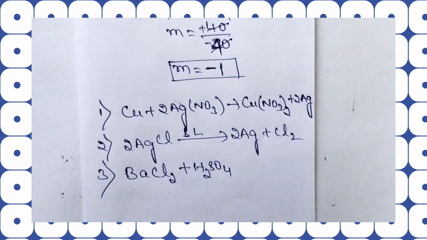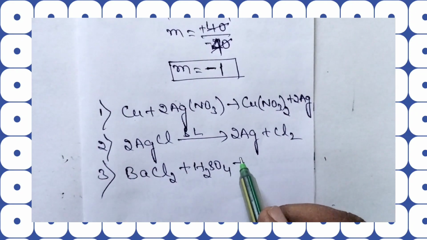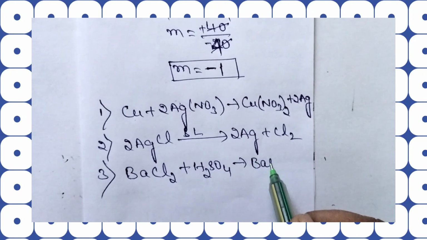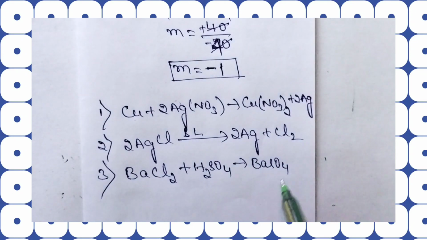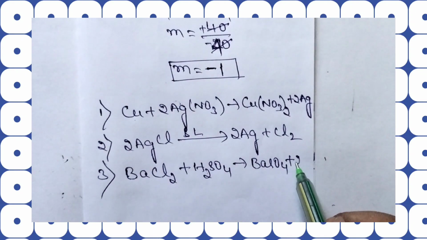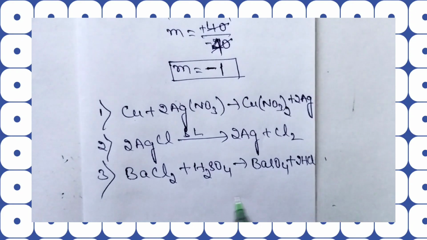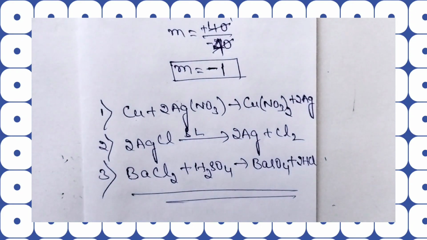When it is added to sulfuric acid, it forms barium sulfate, which is a white precipitate, BaSO4, plus HCl, so it will become 2HCl. So this is the balanced equation: BaCl2 plus H2SO4 gives rise to BaSO4 plus 2HCl.